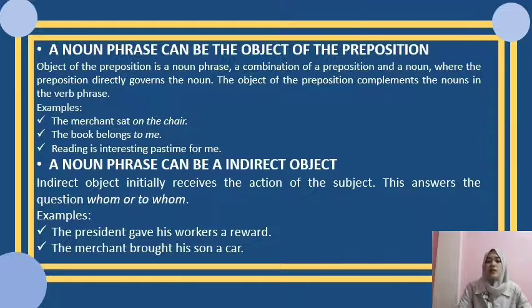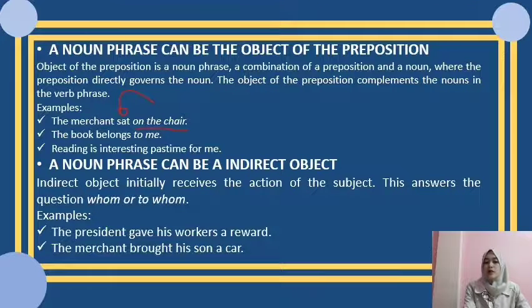Here are the given examples. The merchant sat on the chair. The object of the preposition here is on the chair. On the chair complements the verb sat. This object of the preposition is a noun phrase because on is the preposition, the is the determiner, and chair is the noun.